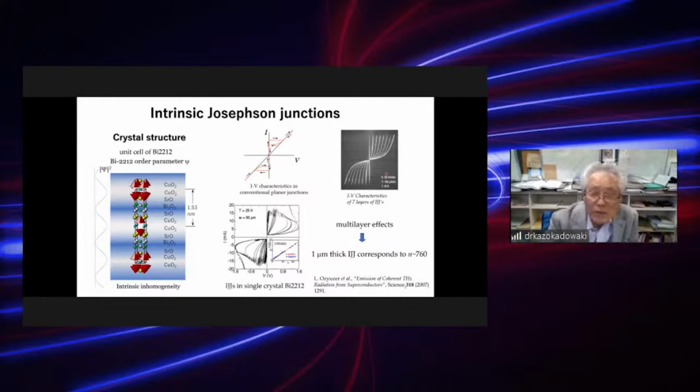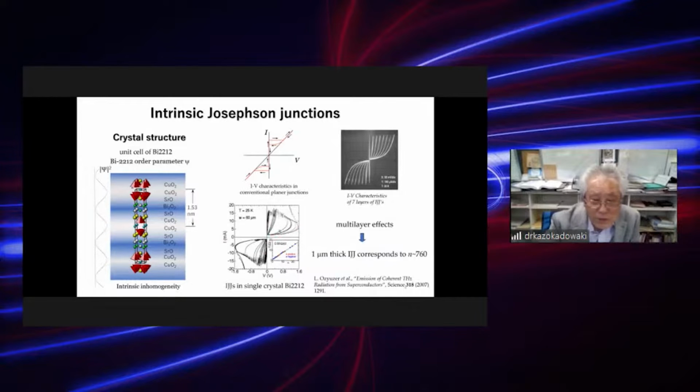But if you have a very small number of junctions, the IJJ number, you get such a beautiful one. If you have a thicker one, even 1 micron thick, this contains about 760 layers of copper oxide, and you have such a many-branching effect. Each curve corresponds to 1 junction, so we can separate out all those junctions.